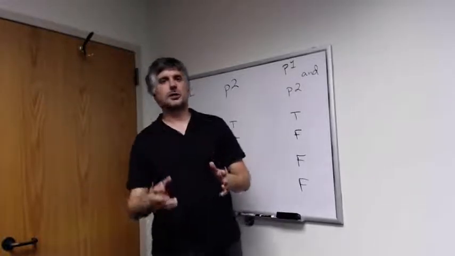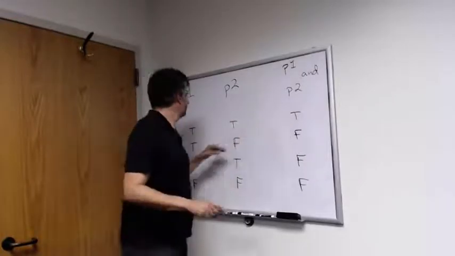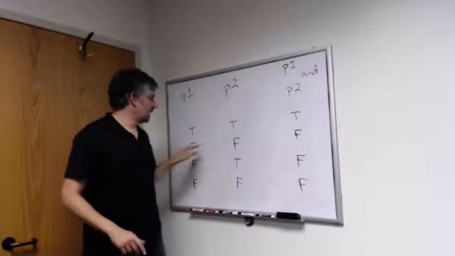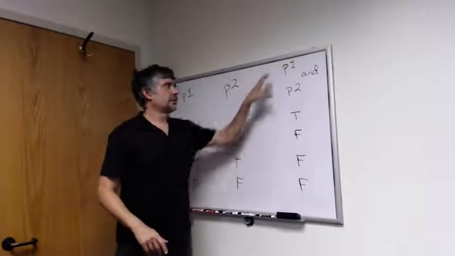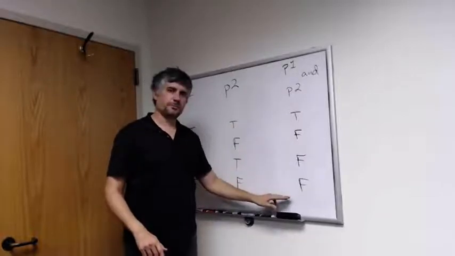Well, the answer is it's going to be true only when P1 is true and P2 is true. In any other scenario, the proposition P1 and P2 is going to be false.